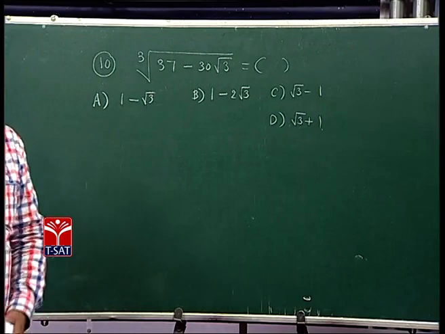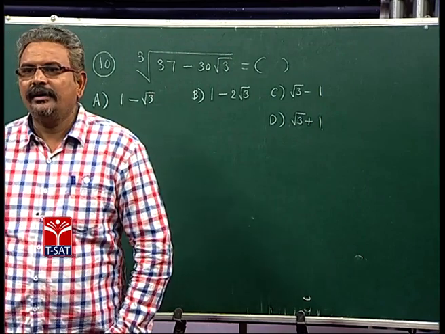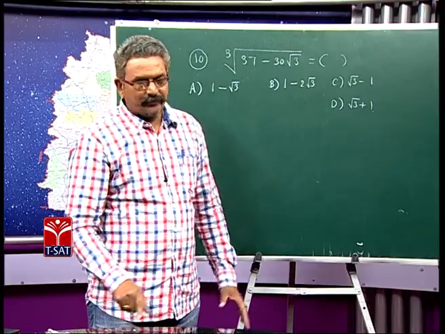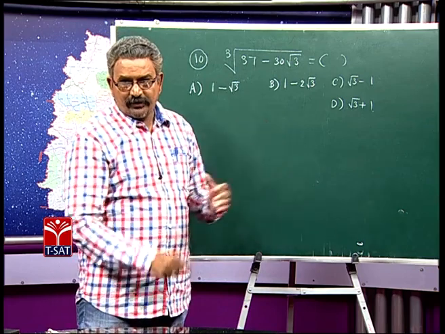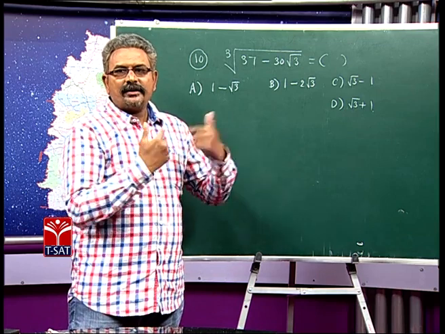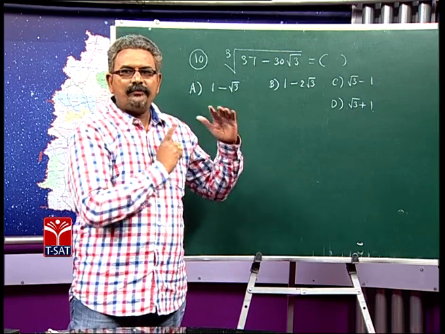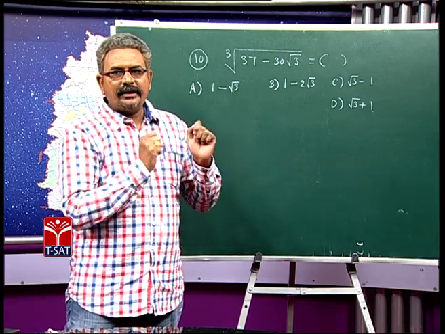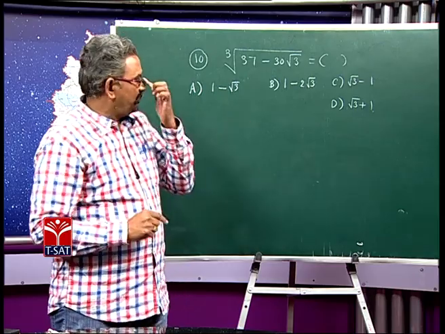Okay. Generally, if you do this problem in a shortcut way, you may get different answers. But whatever shortcut we are following, if you apply the same strategy, we get the answer directly for this problem. So let us proceed.